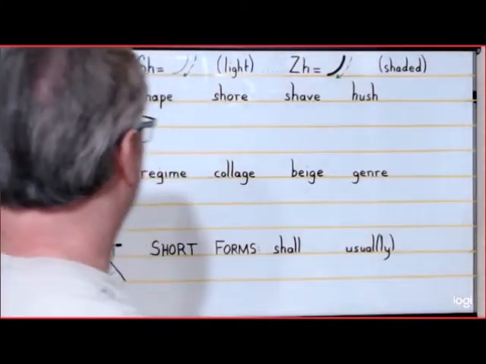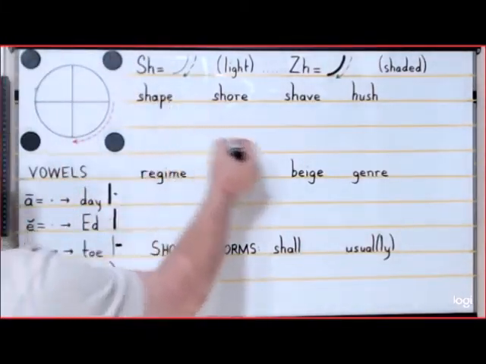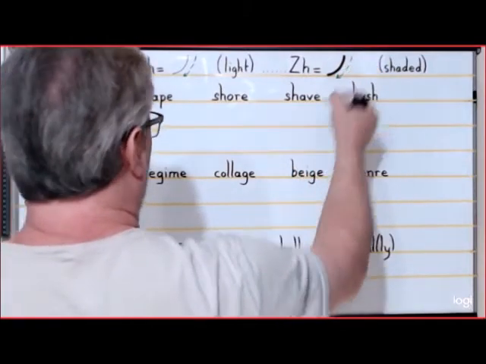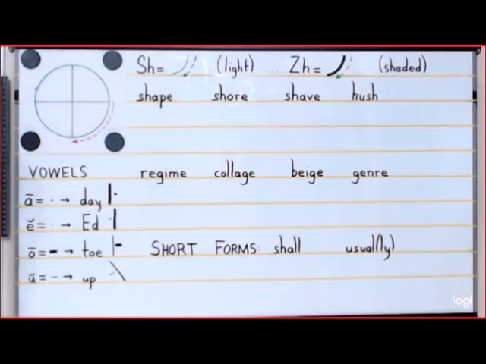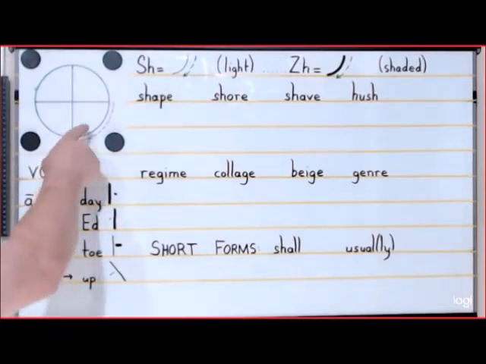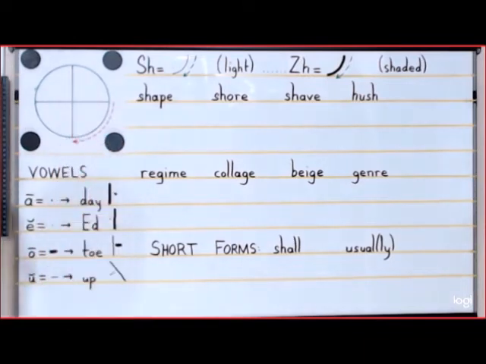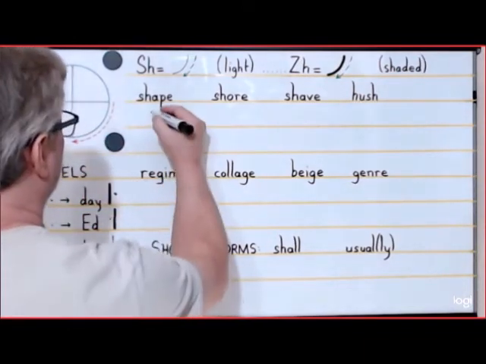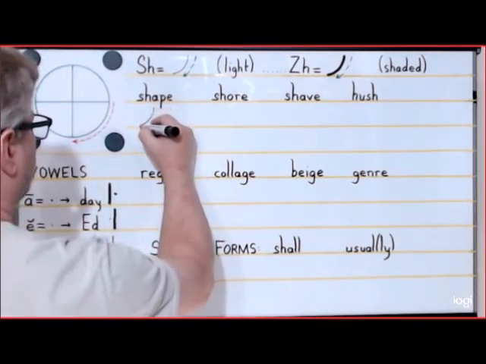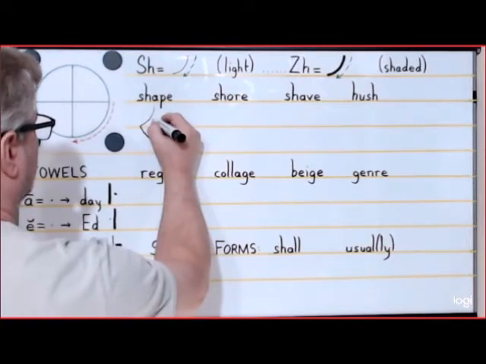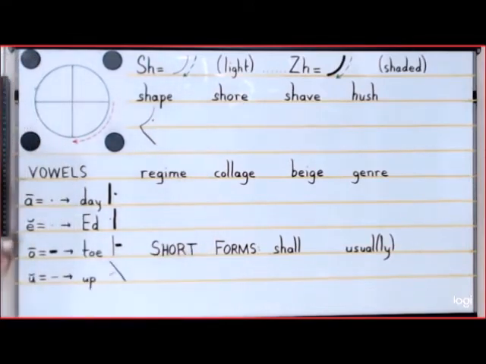The sounds SH and CH are represented by a downward stroke that is curved, as you can see here in the lower right quadrant of this circle. So for the word shape, it's going to be the SH, then a P, and of course the heavy dot.